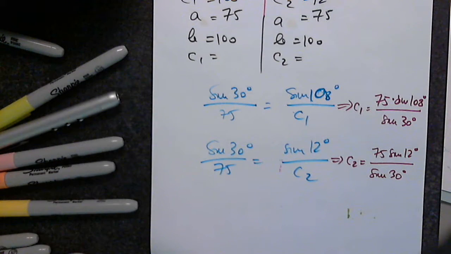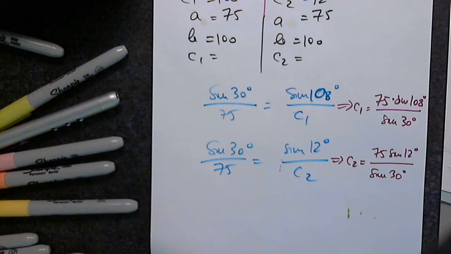And this case gave us what? Two possible triangles that fulfill all the given conditions, only because it was side-side-angle. No other case can give us two options, two correct answers. Okay, so we had 75 times sine 108.